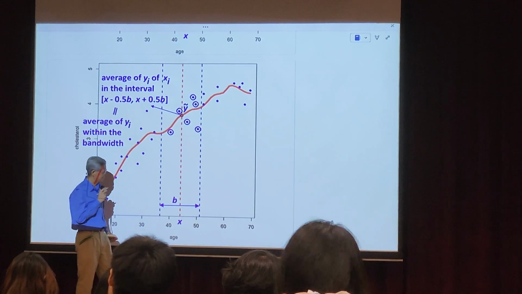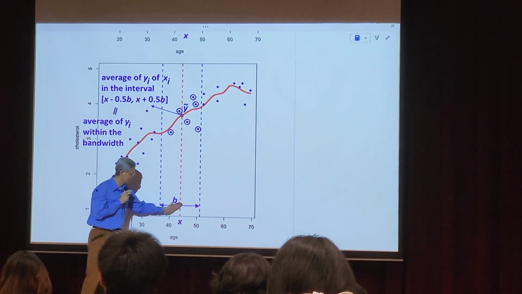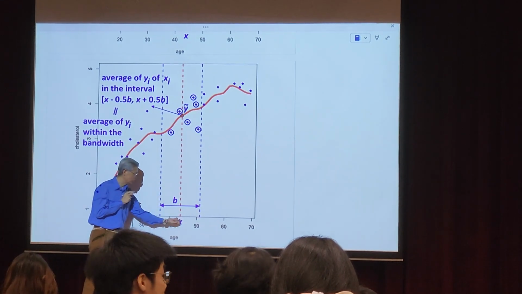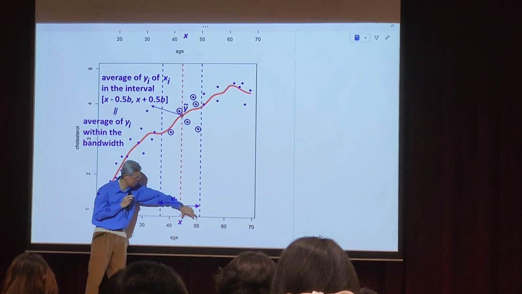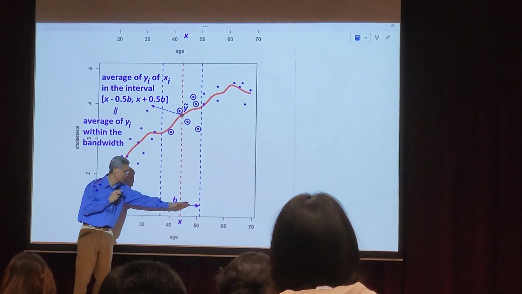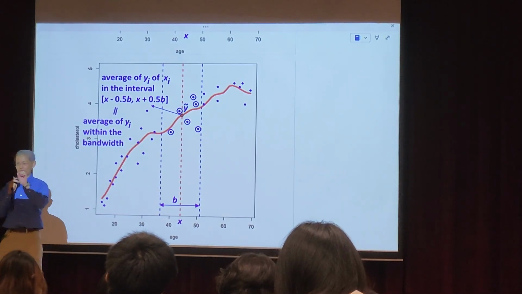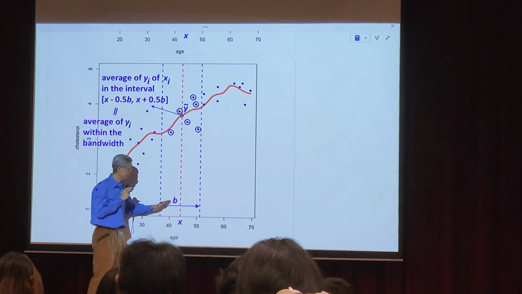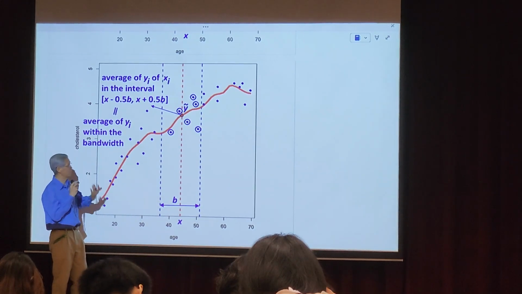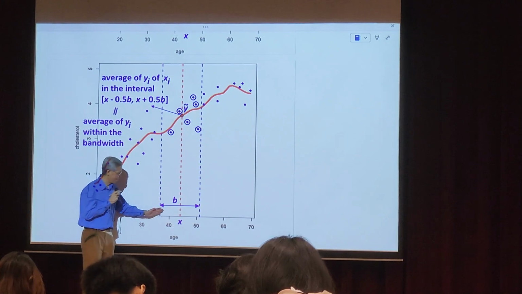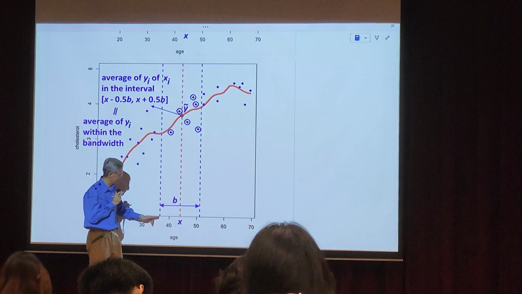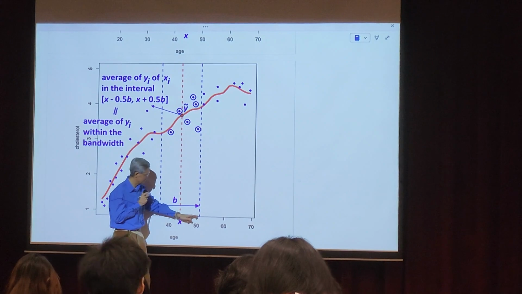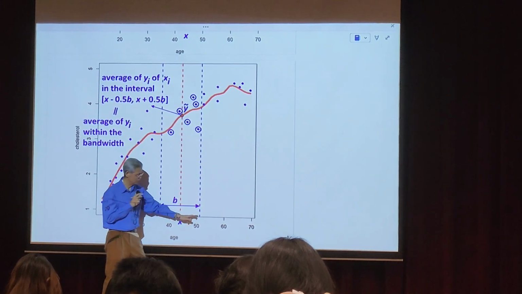Here's X. I consider a bandwidth. A bandwidth is just an interval enclosing the point. So I choose equal distance from X. And this interval enclosing X has distance B. Yeah? So this B is called the bandwidth. Now, what happens is I will only consider all the points that fall within these 2 points, from here to here.